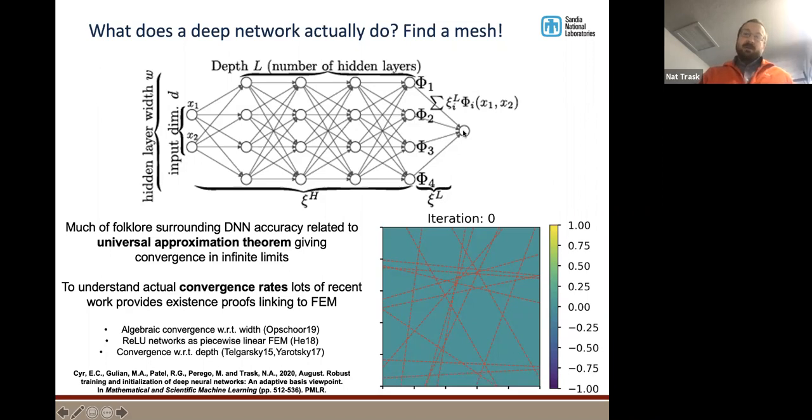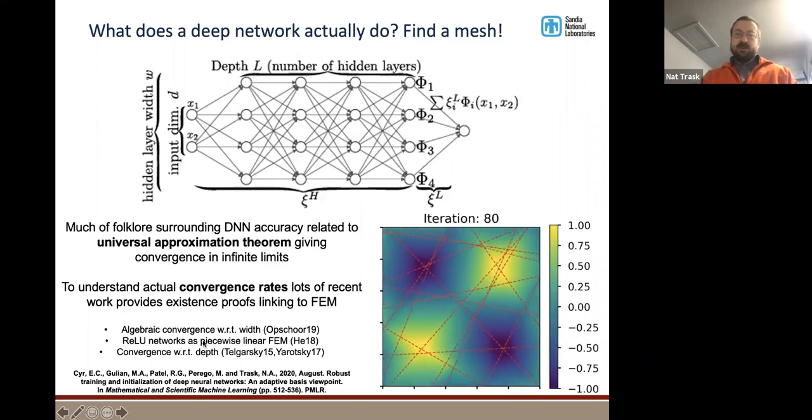Then the output of a neural network is going to be a linear combination, from the linear layer, of the outputs of all these hidden layers. And from a numerical analysis perspective, you can view this as the hidden layers defining some sort of data-driven basis, which is calibrated to best fit your data. And then the output layer gives an optimal representation of your data in terms of that basis.